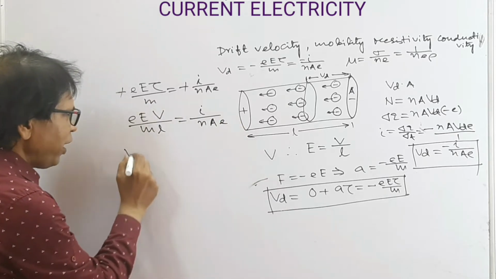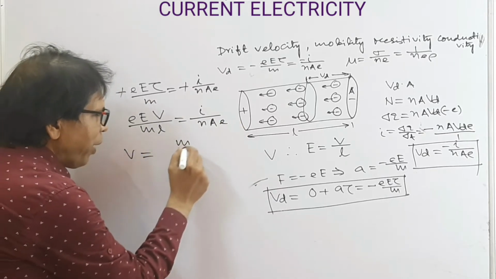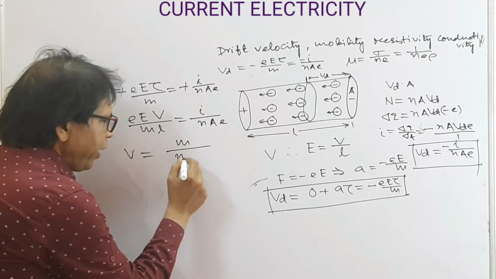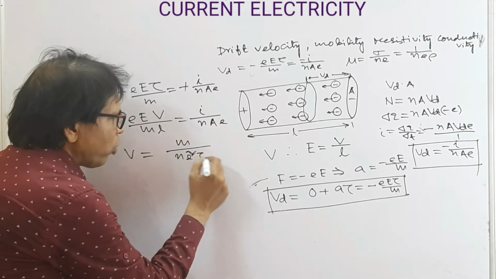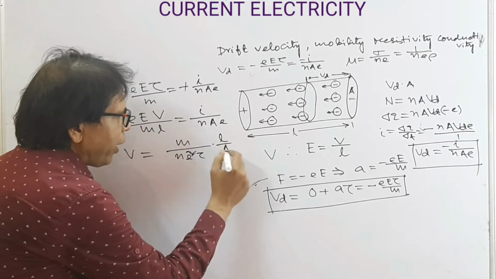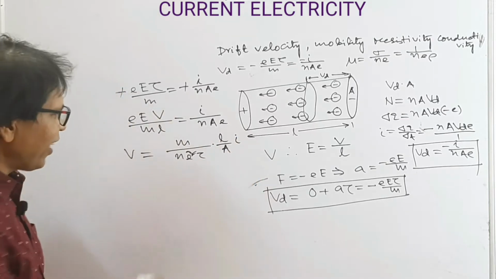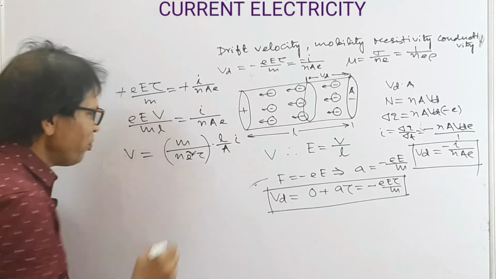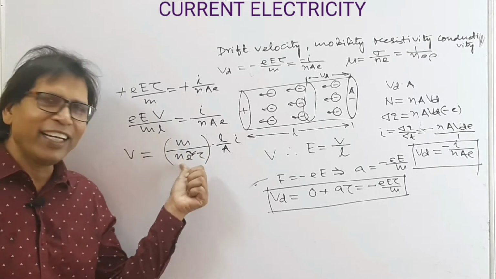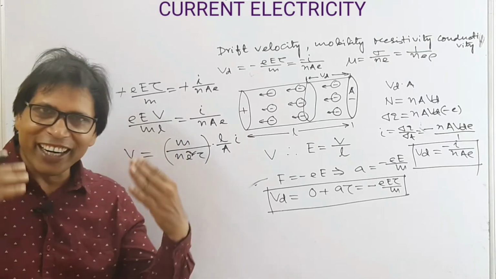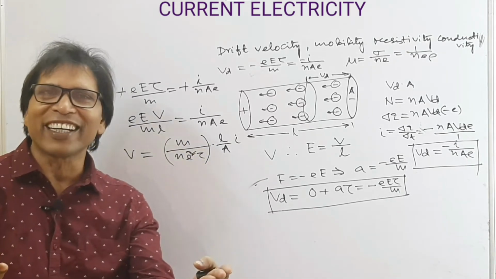So look at this, V equal to m divided by ne squared τ into l by A into I. Look at this term, m divided by ne squared τ is called resistivity of the conductor.